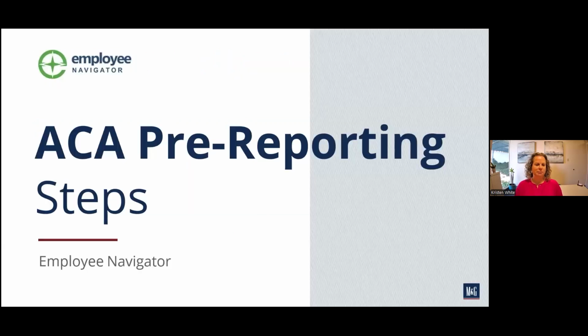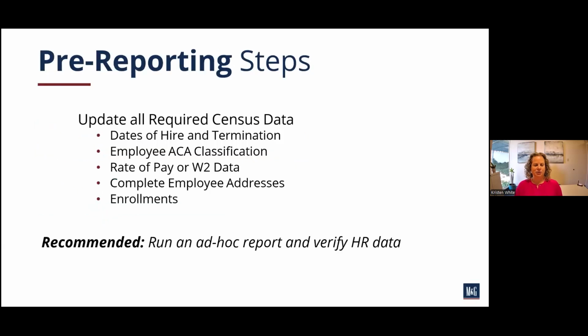So now we can jump into what we call pre-reporting steps. Jump ahead here. So really, this is the data that you should have maintained in your system throughout the year, but it's a good time to check before you jump into ACA. Our next page will show you, but we recommend running an ad hoc report to look at that data.